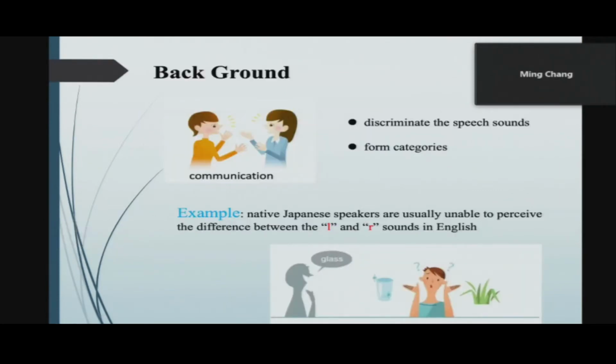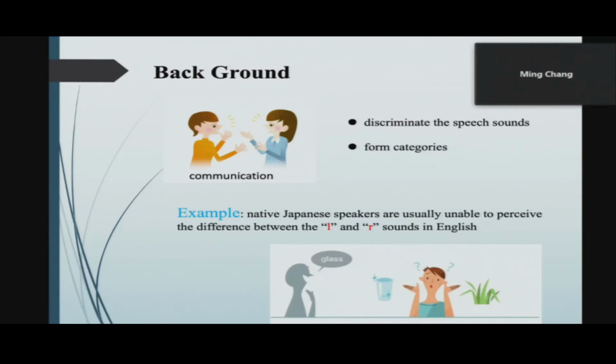Learning a foreign language is difficult for adults. Before one is able to speak or understand a language for communication, one must learn to discriminate the speech sounds of that language and form categories. When people learn foreign languages, they find it difficult to perceive speech sounds which don't exist in their native language.